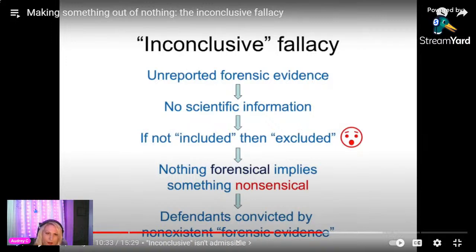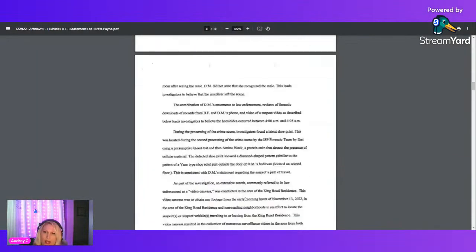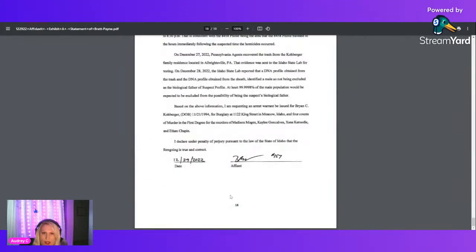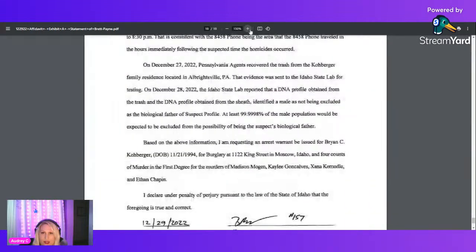Hold that thought, because if we go to the last page of this Payne PCA, he says, as not being excluded. Now, not being excluded is very weird.